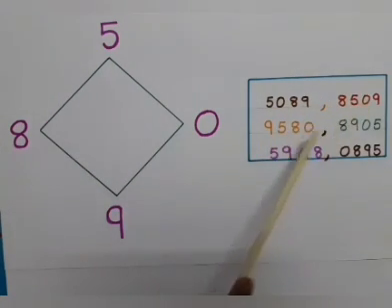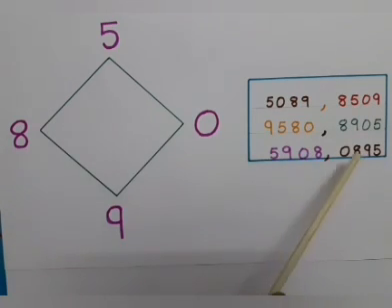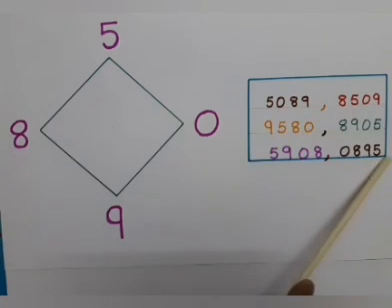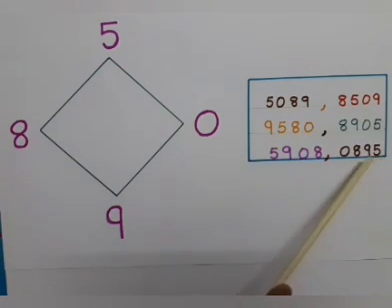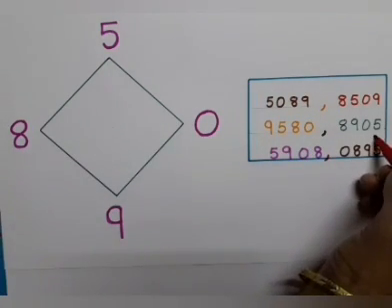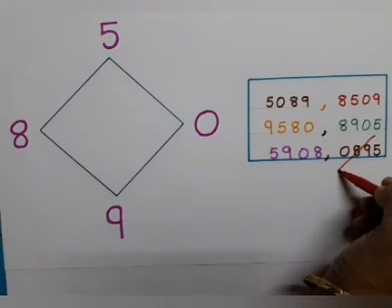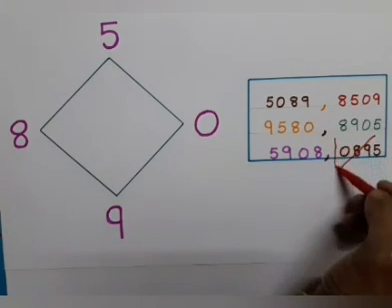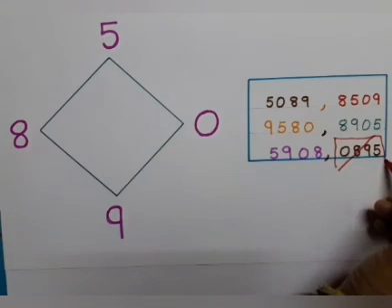Okay, all these numbers are 4-digit numbers. But now our last number is not a 4-digit number because we started with the number 0. So this becomes a 3-digit number, 895. So I will cancel this number from here because this number is not a 4-digit number.